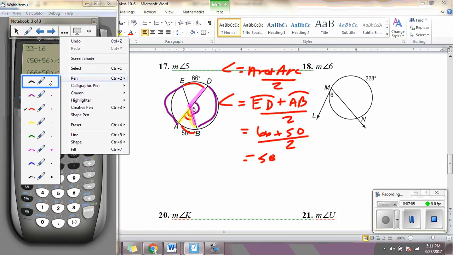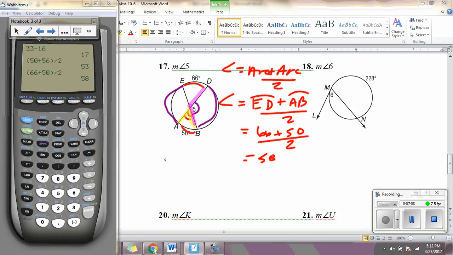So I should be able to take the measure of angle 5 plus the angle I just found and equal 180 degrees.